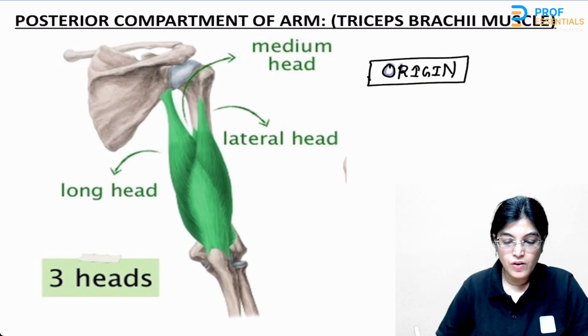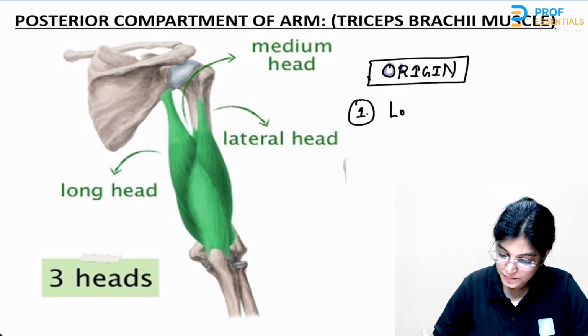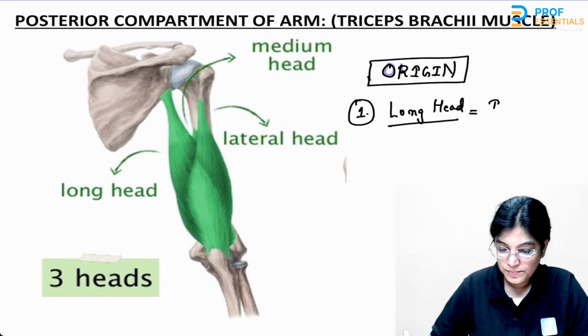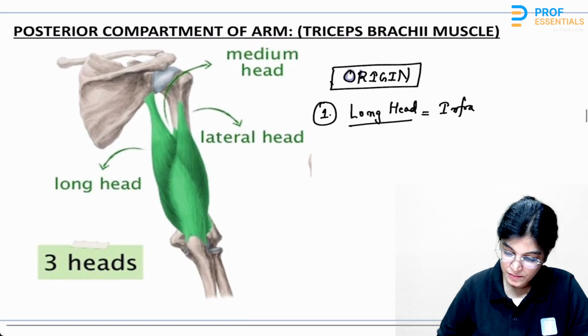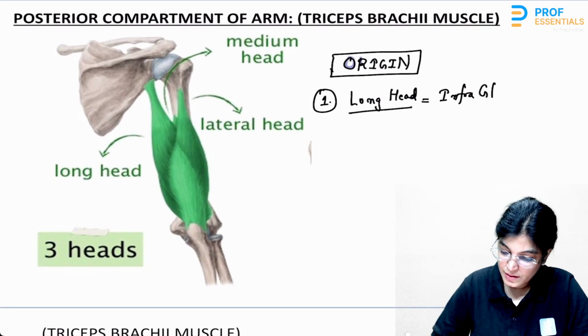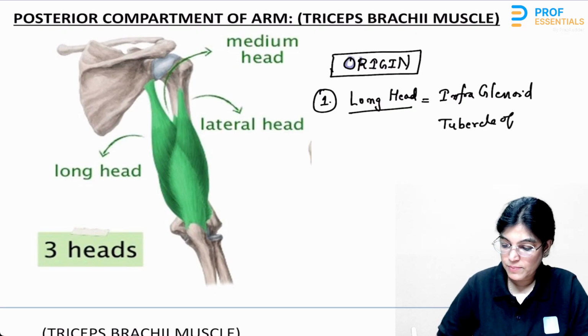Okay, so the origin is from three heads. The long head originates from the infraglenoid tubercle of the scapula bone.